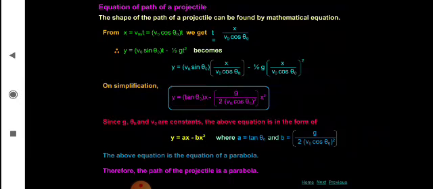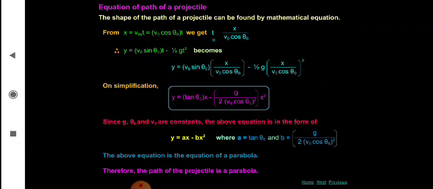On simplification, you will get y is equal to v naught sin theta naught divided by v naught cos theta naught, that into x, minus half times g x square divided by v naught cos theta naught whole square.